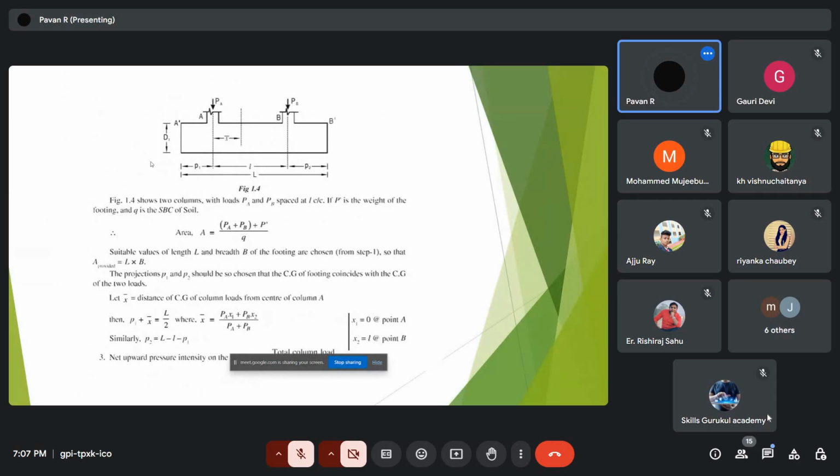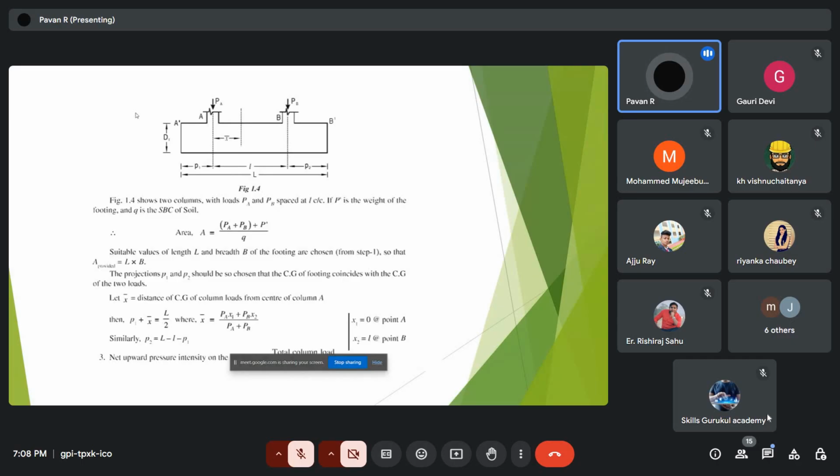First we can observe that PA and PB are the axial loads on the columns, and we should provide the area of the footing such that area equals (PA plus PB plus P dash) divided by Q, where Q is the bearing capacity of the soil, and the area to be provided is in the form of L into B. We should also calculate the distance x dash, that is the CG of the column loads.